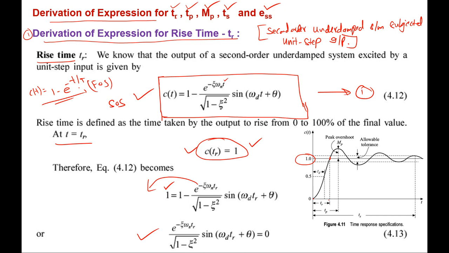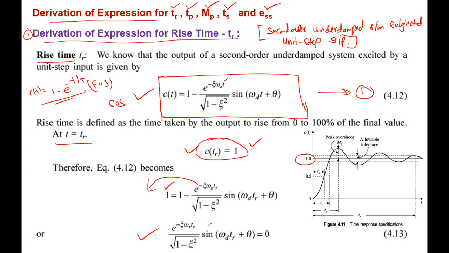But observe whether this term should be 0 or the sine term should be 0. There are two terms: one is the decaying exponential term and another one is sinusoidal. So which should be 0? Observe the rise time here. The response is slowly rising. Are there any oscillations? There are no oscillations.